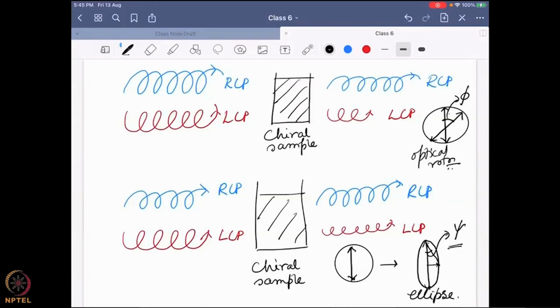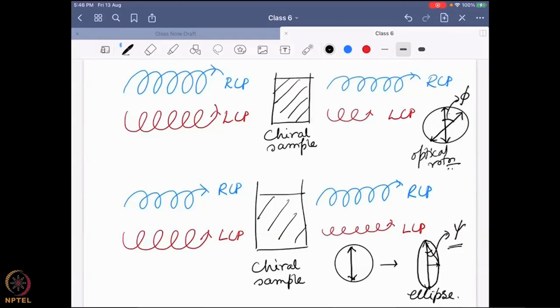So far we have covered that, and now the question is: in a plane polarized light, we have two components, the right hand circularly polarized light and the left hand circularly polarized light, which have helicity, and this can create the issue with chirality, because RCP and LCP are actually mirror images of each other. So that is the reason the light has chirality.